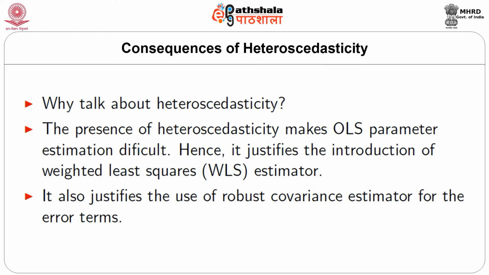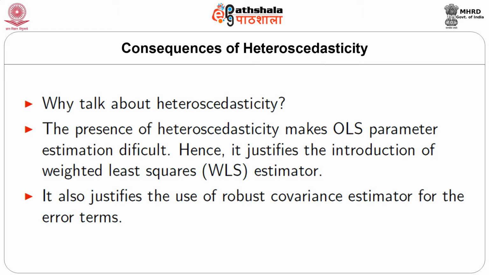When we have heteroscedasticity, the error variances are not all the same. When we want to estimate these variances, we can no longer use one common value of the mean square error. What we can do now is use robust estimates for these variances and use them in prediction.